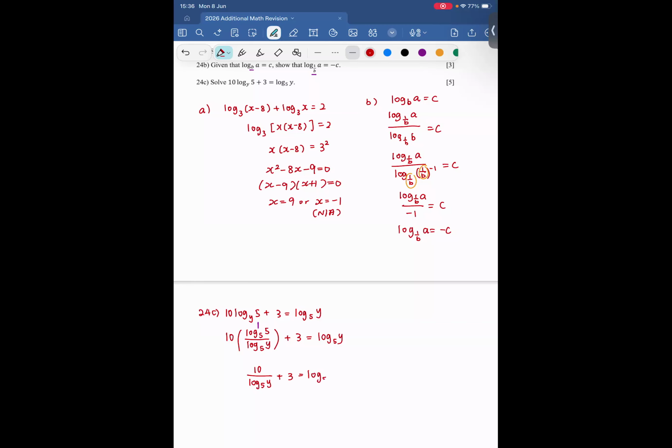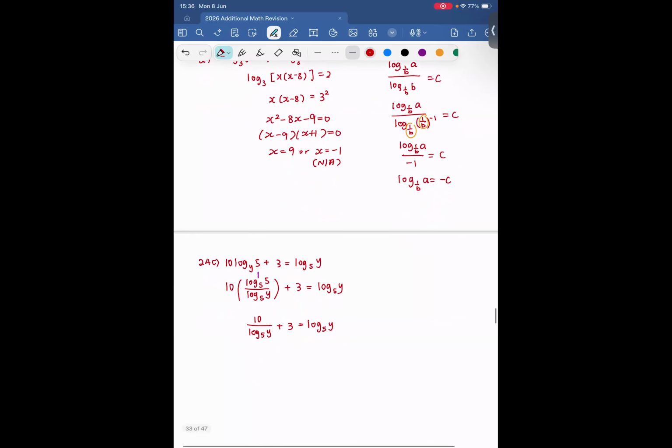Okay, whenever there is a log appearing at the denominator, we will use a substitution. Let log 5y be equal to a letter, maybe let it be u. Try to change to u, then go and solve it. So this becomes 10 over u plus 3 equals u times u throughout.